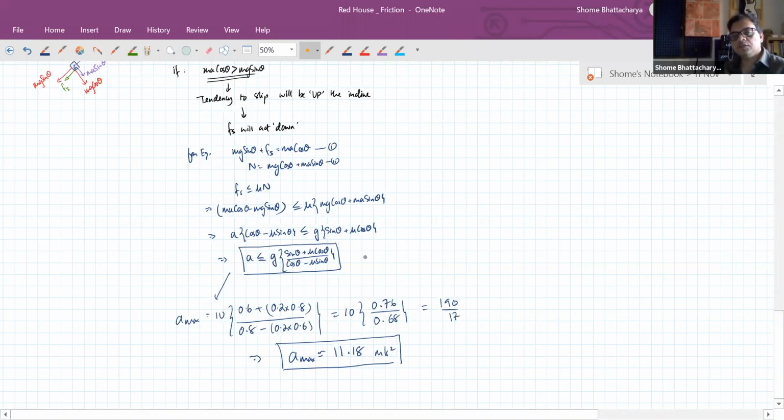So correspondingly, from this you will see that the maximum force has this kind of term.